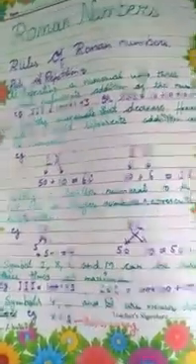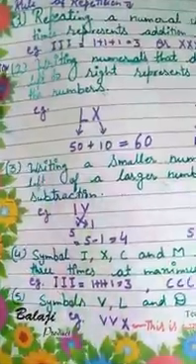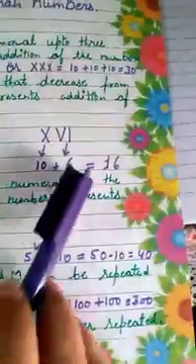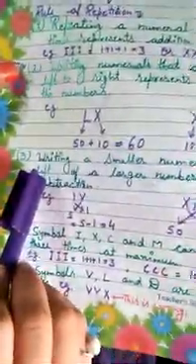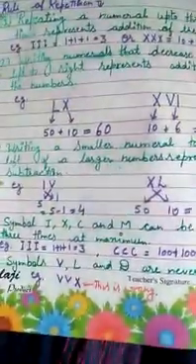Now next is the rule of subtraction. In the rule of subtraction, writing a smaller numeral to the left of a larger numeral represents subtraction.